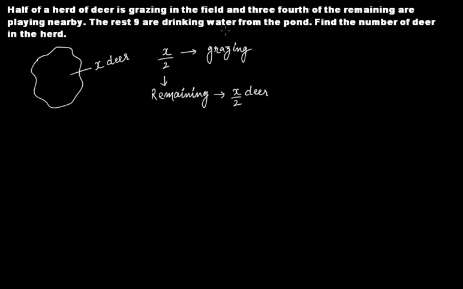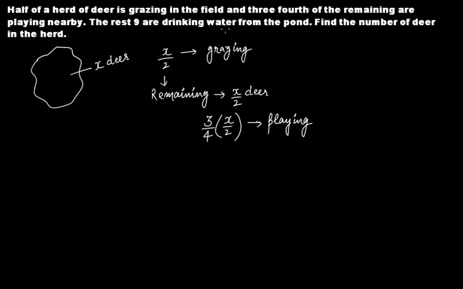Now X by 2 are grazing, remaining is X by 2 deer, but 3/4 of this remaining are playing nearby.